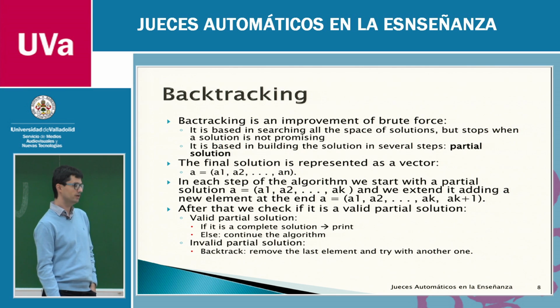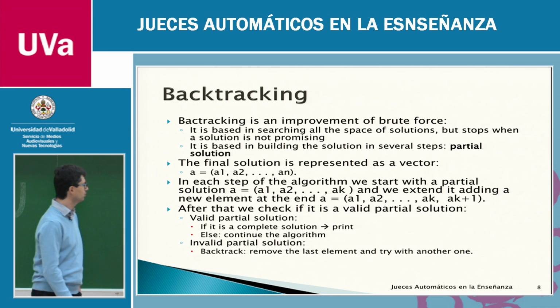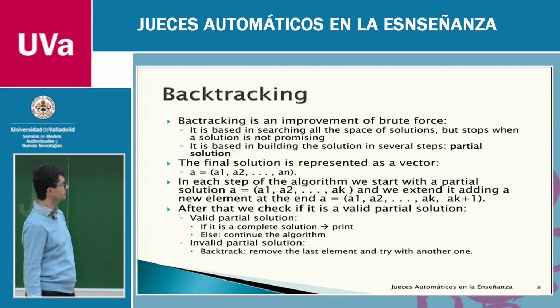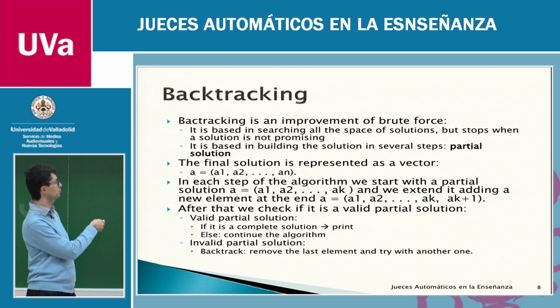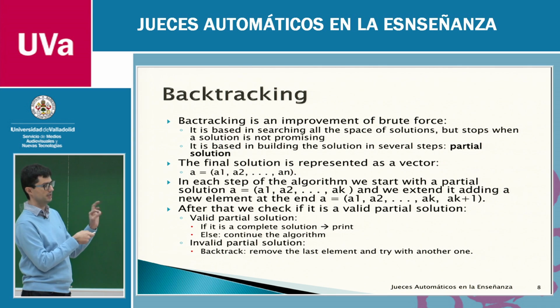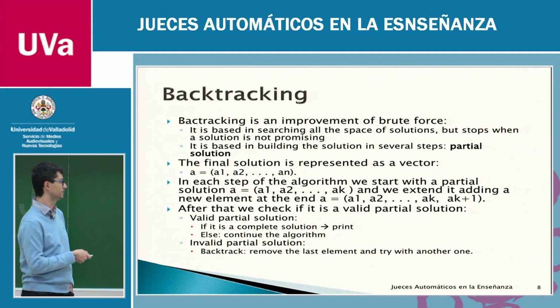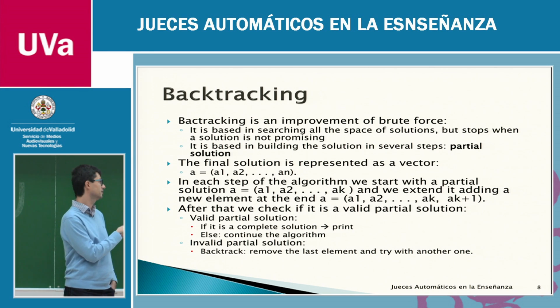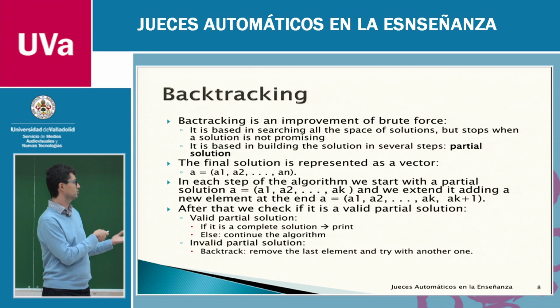And an easy way of doing this is using a partial solution. So if the final solution is represented like a vector, the idea is to start picking elements of this vector, and at a given point you add another element to that partial solution and check if it's working. If the solution you find is promising, you can check if it's complete.